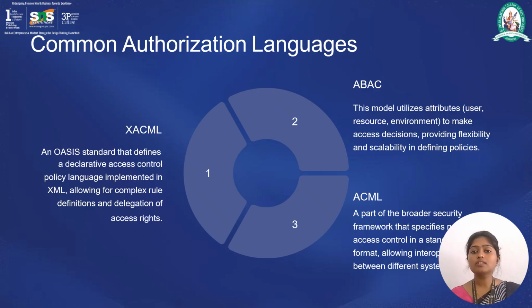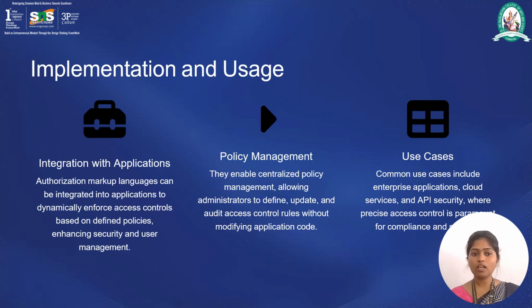ABAC means this model utilizes attributes to make access decisions, providing flexibility and scalability in defining policies. And ACML is part of a broader security framework that specifies the access control standard format, allowing interoperability between different systems.